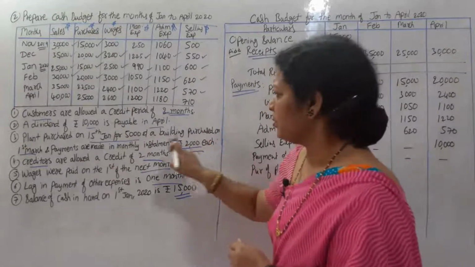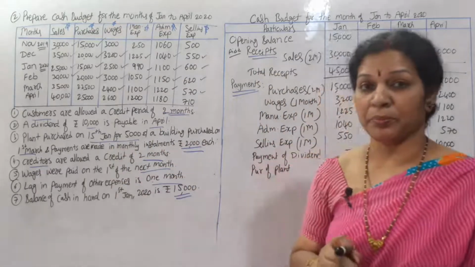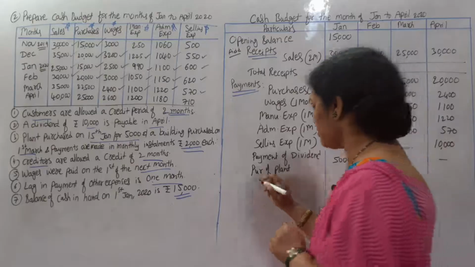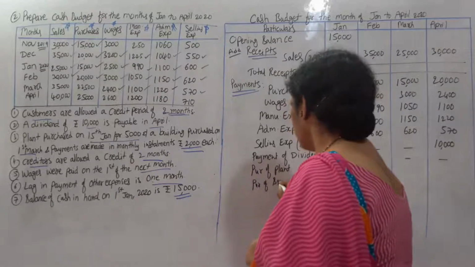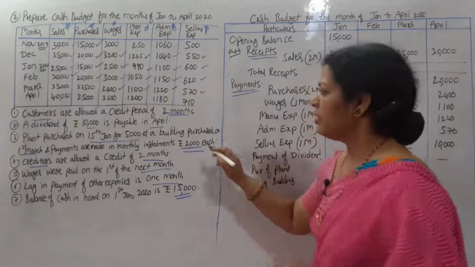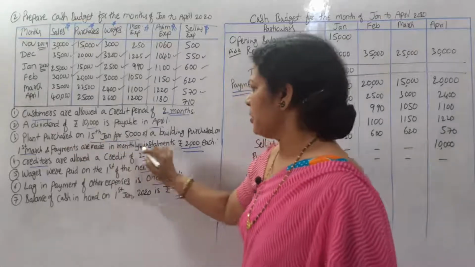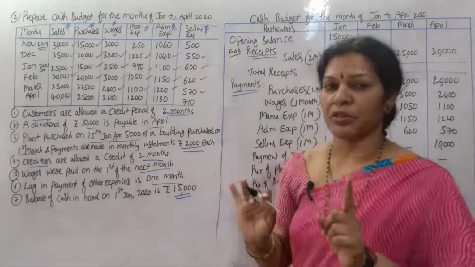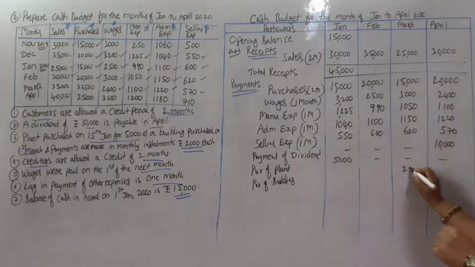After that, building purchased on 1st March. Purchase of building. Building purchased on 1st March, payment every month 2,000. 1st March onwards, every month 2,000. 1st March means here 2,000.